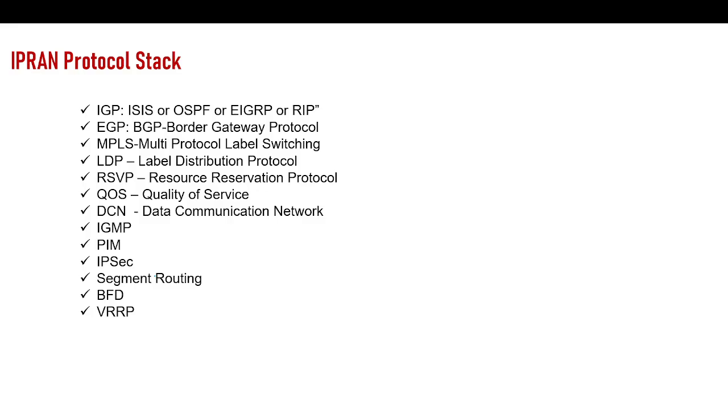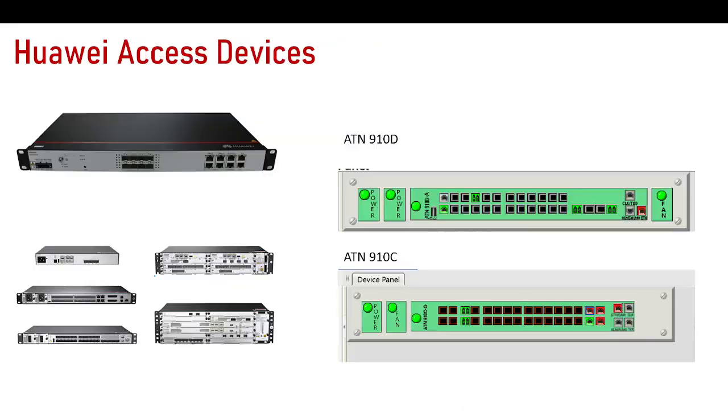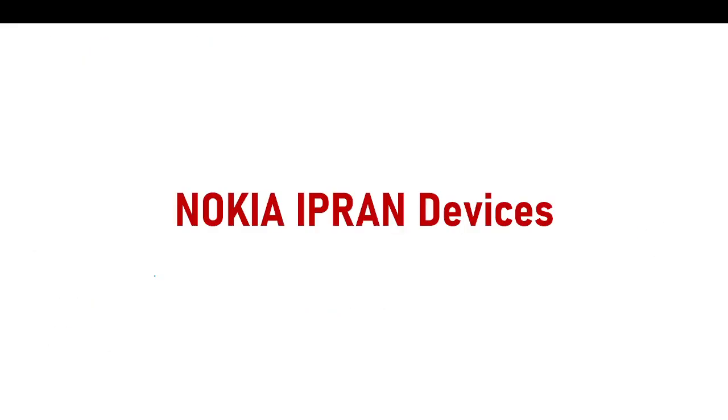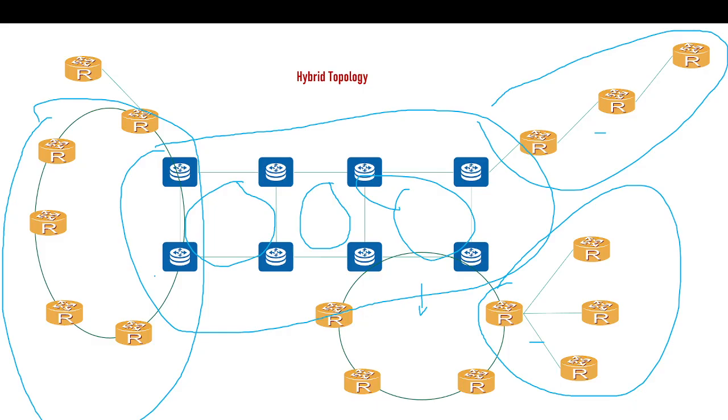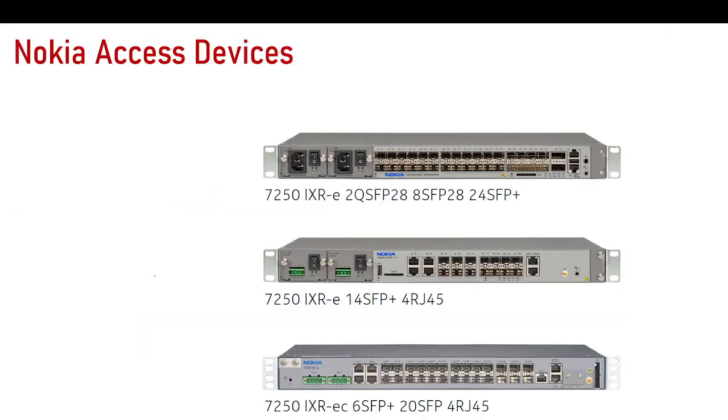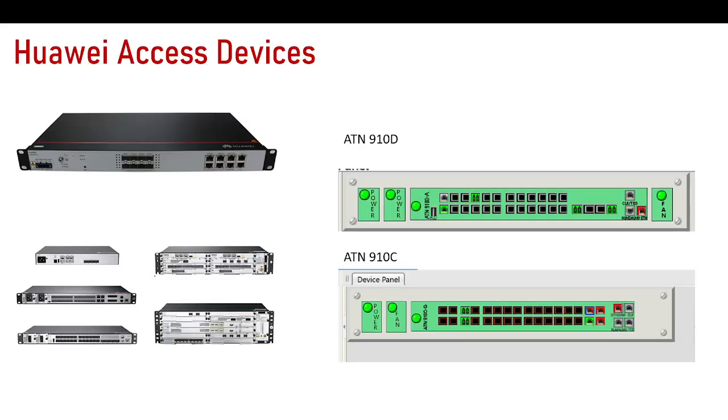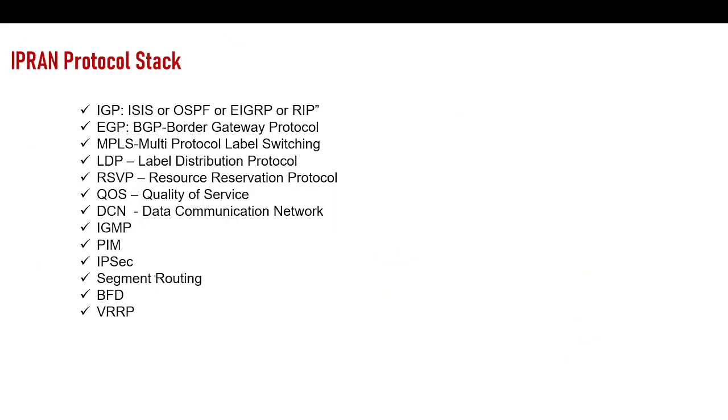And for us to achieve this, we need to deploy some protocols on the network. You have the physical connections, you have connected your routers using different topologies. That is not enough. You cannot start deploying services on this network. You still need to configure some protocols on top of it for you to be able to carry the different services.